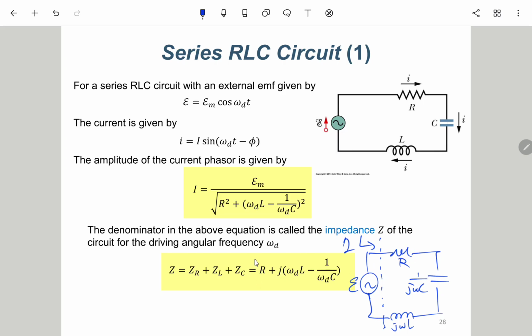Only this R is the real part. So R plus jω_D L, because we have ω_D here.